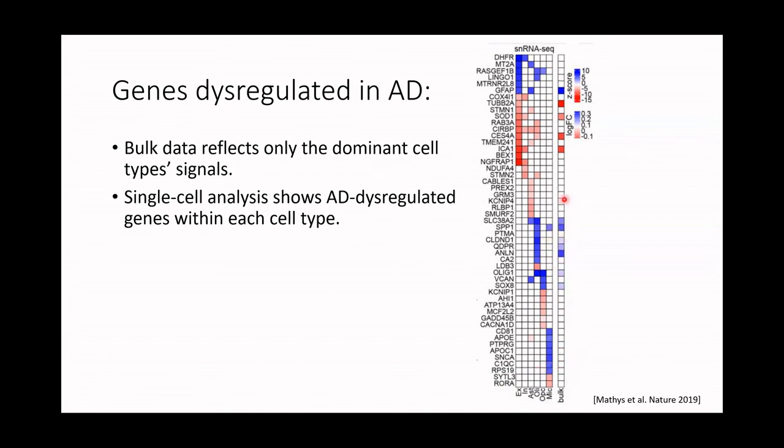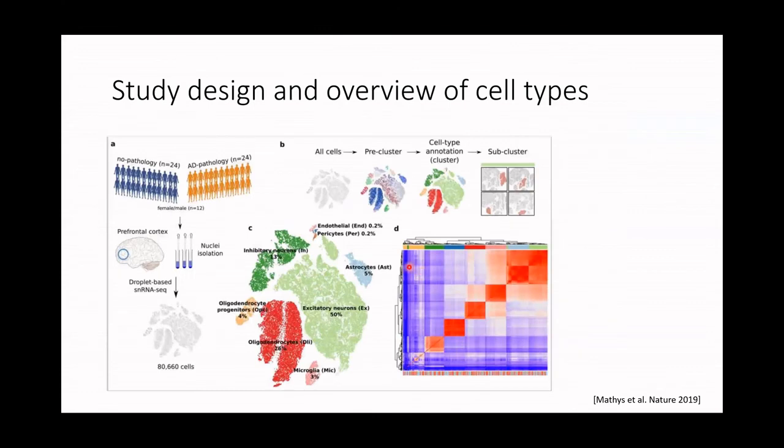At the bulk level, only some genes are visible, and they are mostly those that correspond to the predominant cell types. So here, these correspond to oligodendrocytes, and these correspond to excitatory neurons. And I just mentioned that excitatory neurons and oligodendrocytes are the two largest sets of cells. So the bulk data is dominated by these most abundant cell types, and whatever change is happening in the disease in smaller populations like microglia is lost in the bulk data.